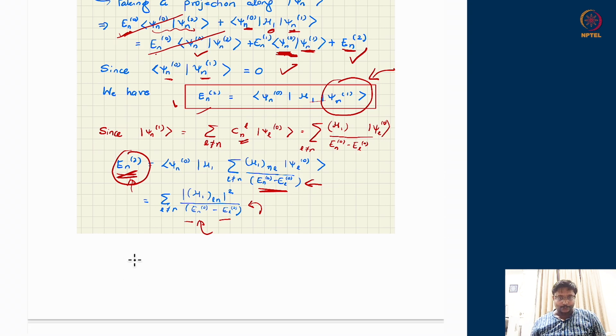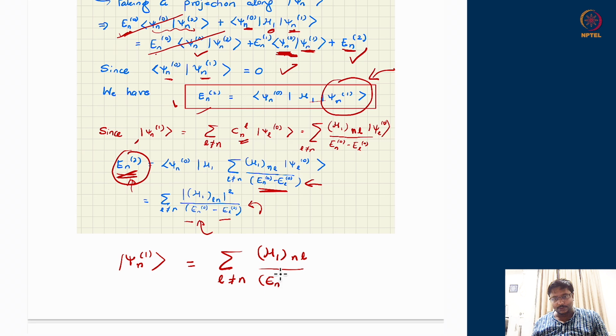But for the feature which you should pay attention to, I should again write down what is psi n1. Once again, I'm just rewriting this equation cleanly here. Psi n1 is nothing but summation over L, where L is a marker for all states which are different from n. And then H1nl, which I had missed over here, H1nl it should be, divided by En0 minus El0, and then psi L0.